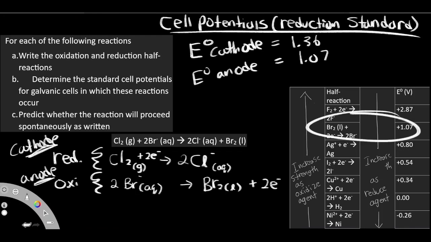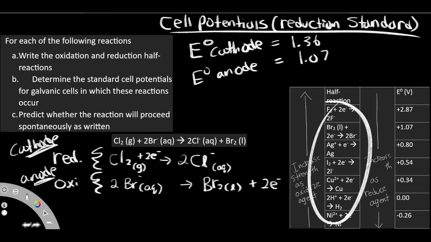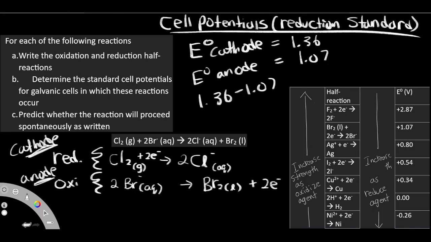Oh, never mind. It actually is over here, for your Br2. So that's nice. So we have the Br2 ones, but we just don't have the Cl2. I don't see any chlorines over here. So we know that the formula was just the cathode minus the anode. It gives you a 0.29 voltage or electric potential difference.